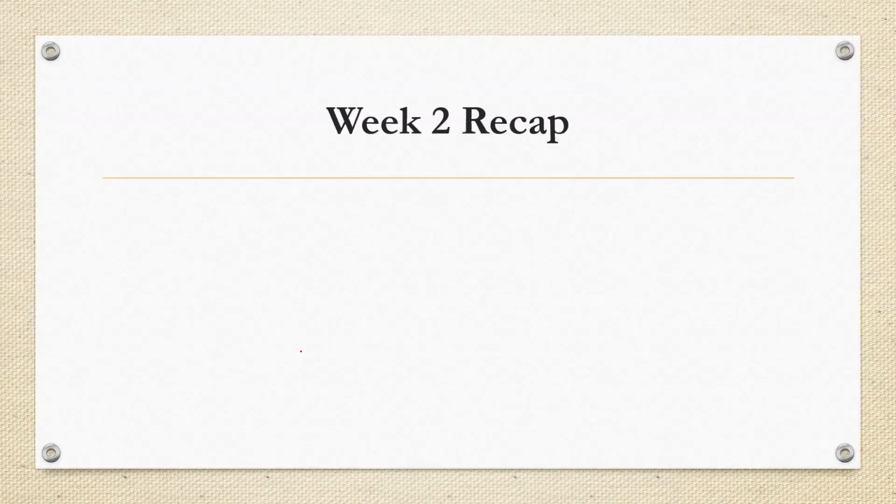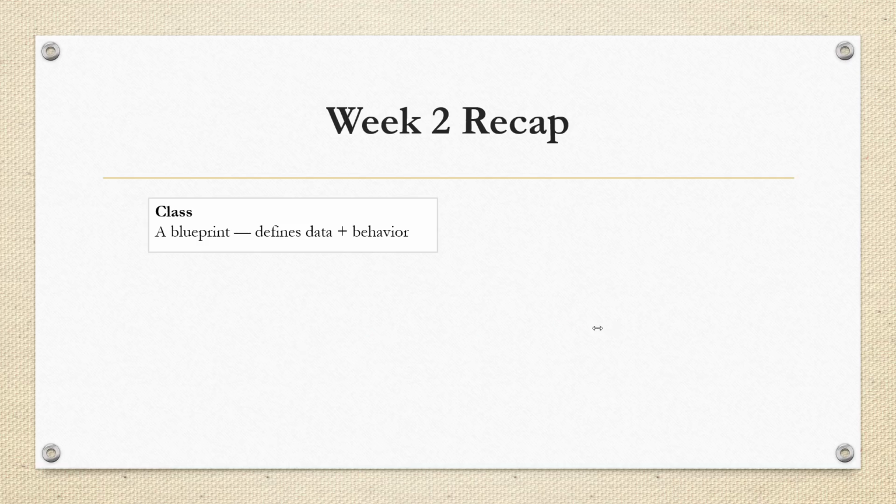All right, let's talk about what we covered last week, to help ourselves remember. We talked about a class, which we define as a blueprint that defines what data our object will hold and what it can actually do. We talked about an object as being an instance of our class.